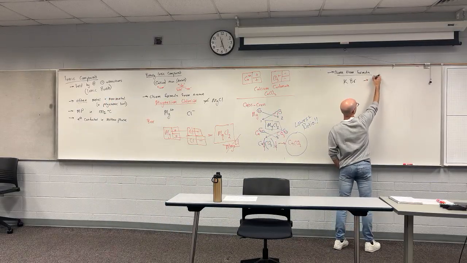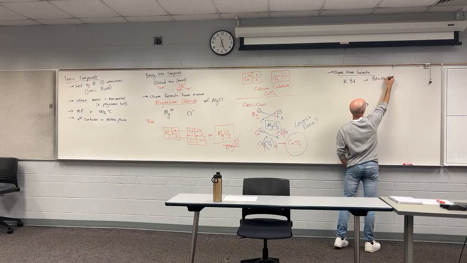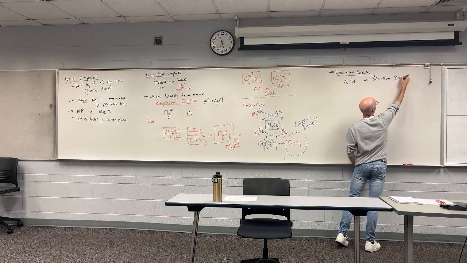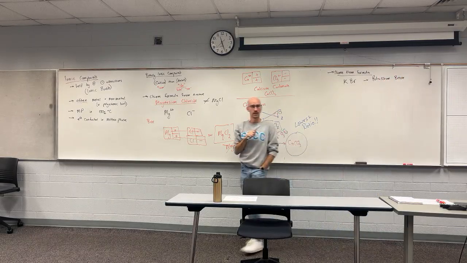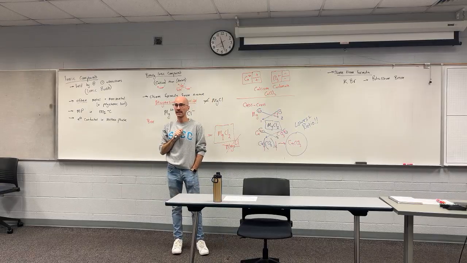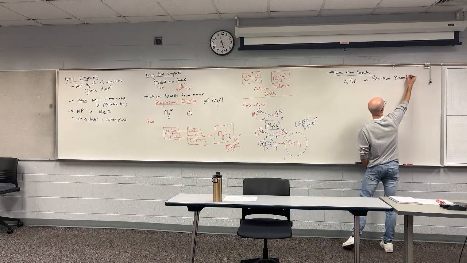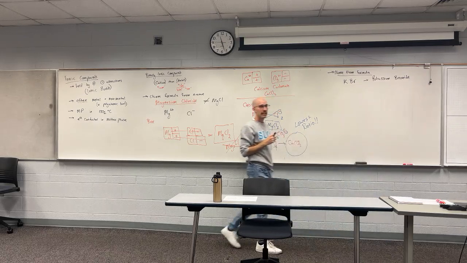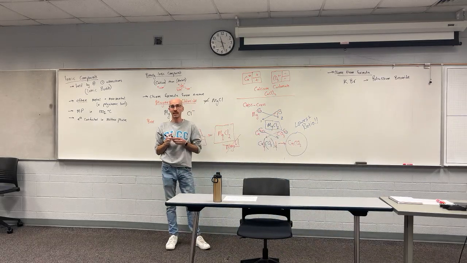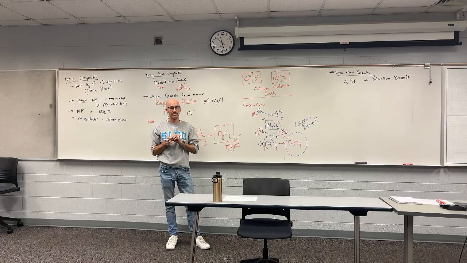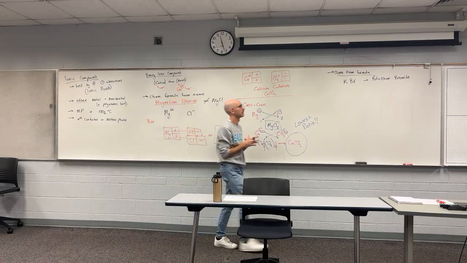The name is potassium, but not bromine. I changed the suffix "ine" to "ide," and I write potassium bromide. If I have a polyatomic ion, I have to know its name. You have to recognize the polyatomic ions, and you have to know their names. We'll talk about them in a second.